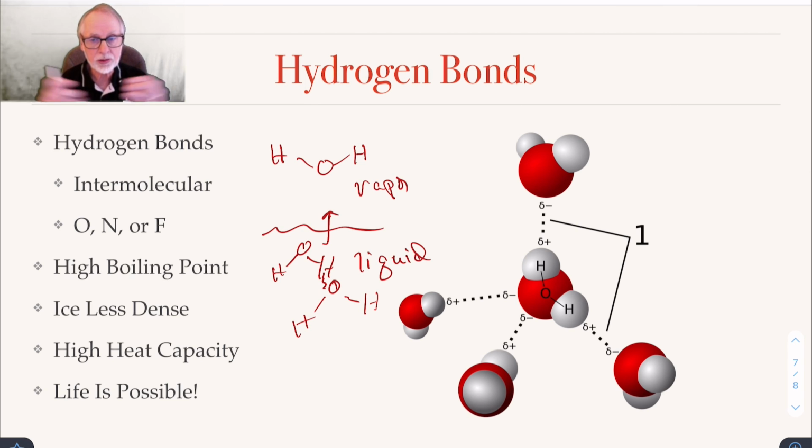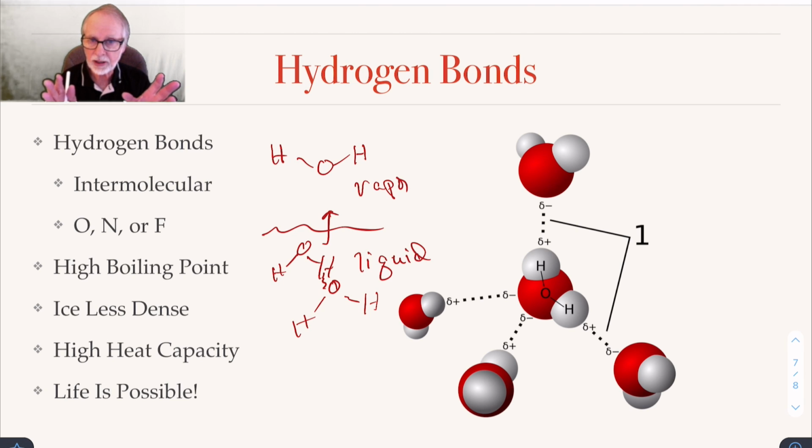Hydrogen bonding holds them together more tightly, and therefore more energy is required in those circumstances to go from liquid to vapor. It means you need a higher temperature to boil. Water, for a molecule its size, and it's a relatively small molecule, has an anomalously high boiling point.